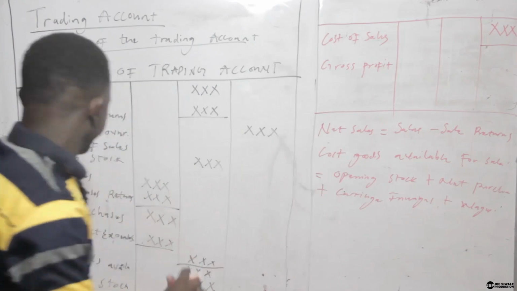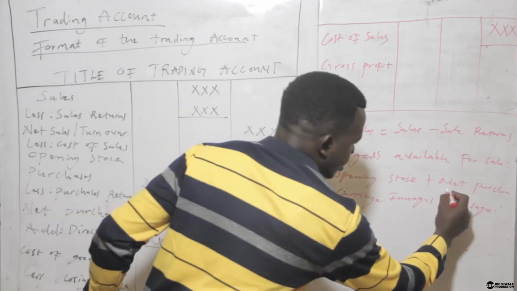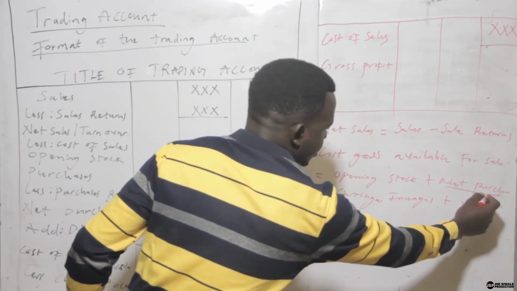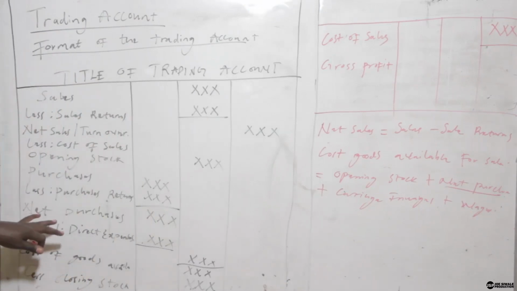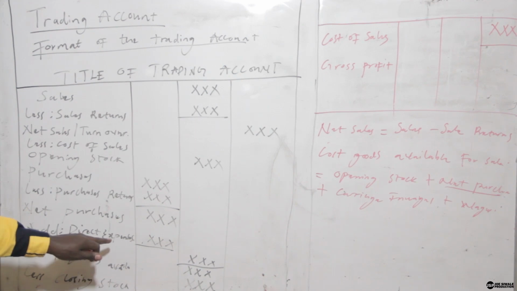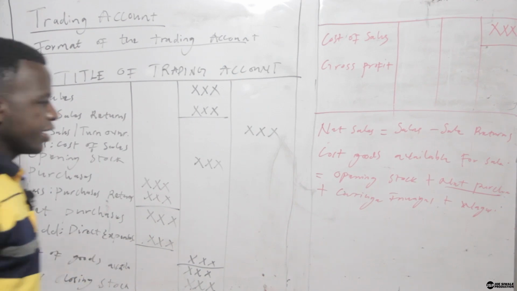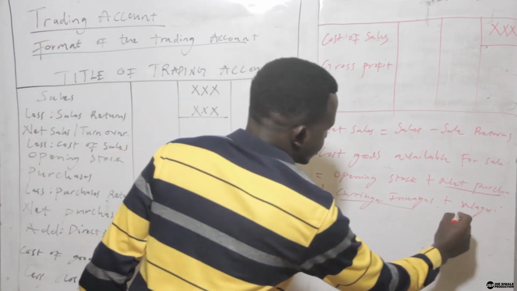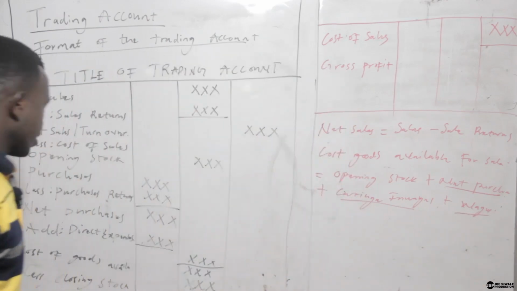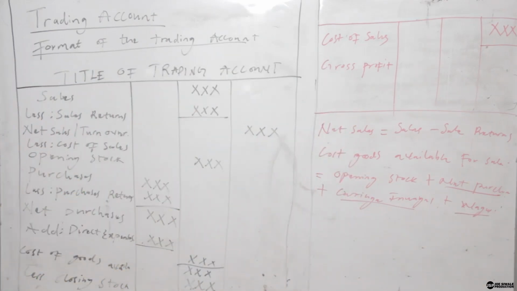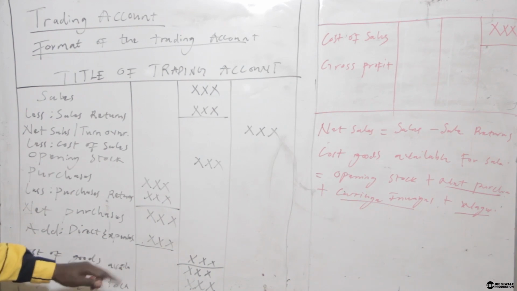This part of the information, you can see it in the formula, which is the net purchases. So that's the net purchases there. Then it says add direct expenses. And the direct expenses there, we are meaning carriage inwards and wages. And if you do that, we're going to have cost of goods available.